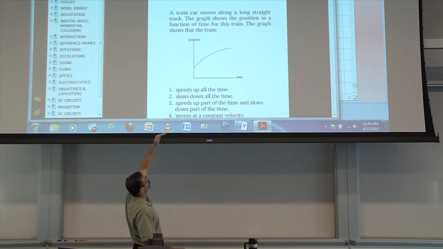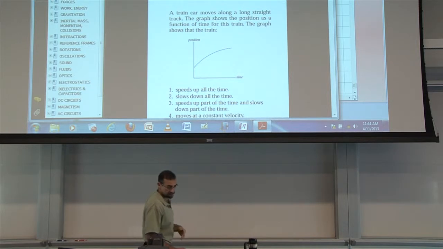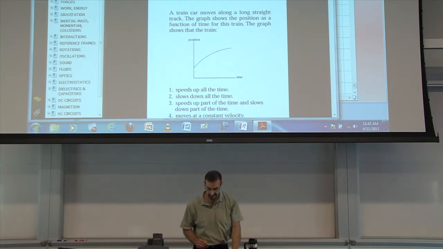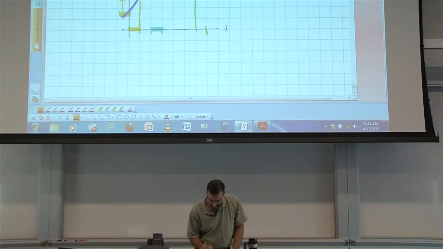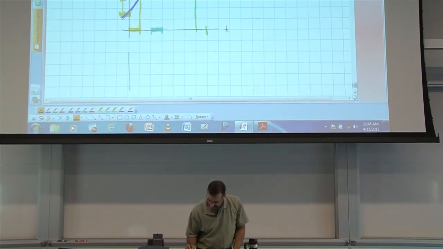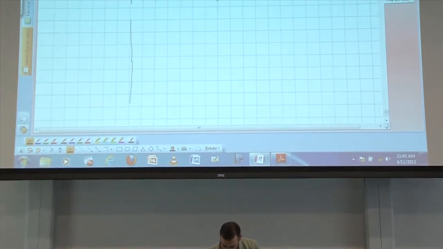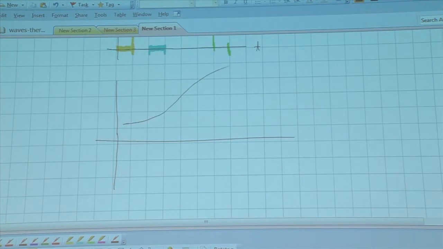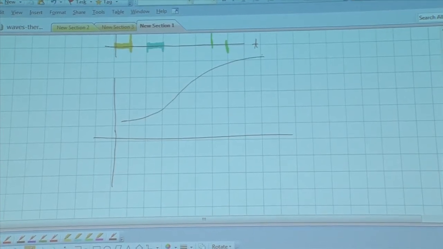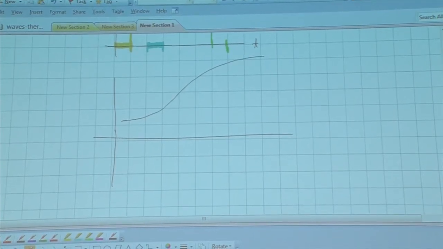The slope would have to be increasing. How would I? It would have to have this kind of a shape for it to change. See that? So at this time interval, it's speeding up.